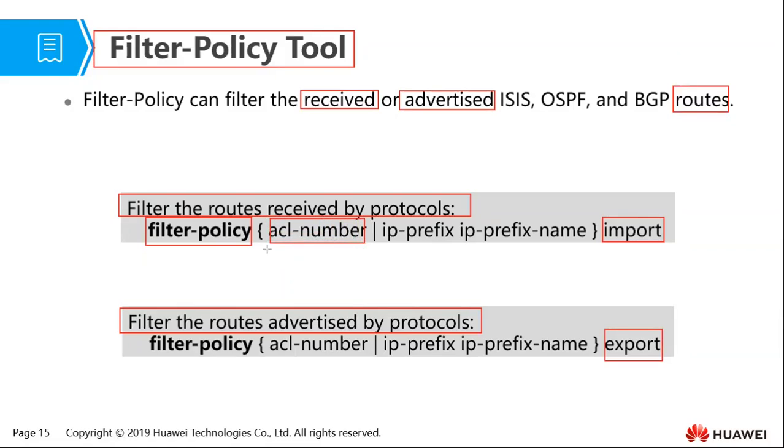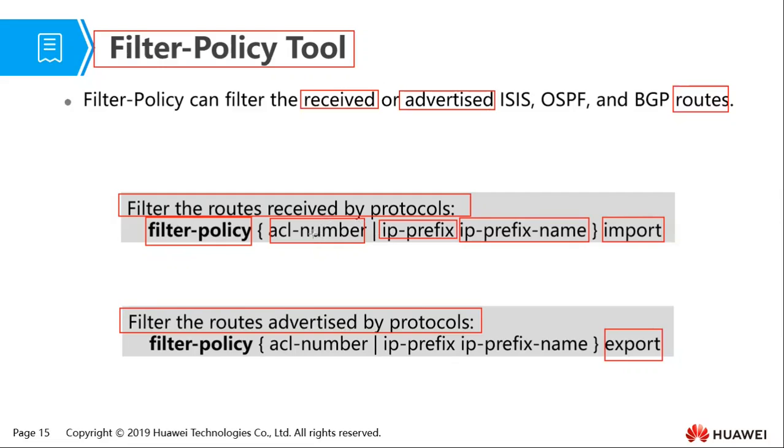So for example, 2001. Or you specify an IP prefix, then the IP prefix name. So for example, pref1, then import. So that policy will simply look in that ACL, do we have a permit or deny clause?